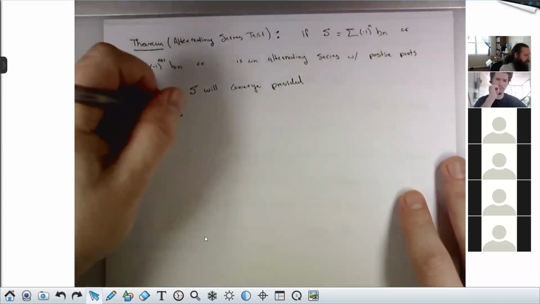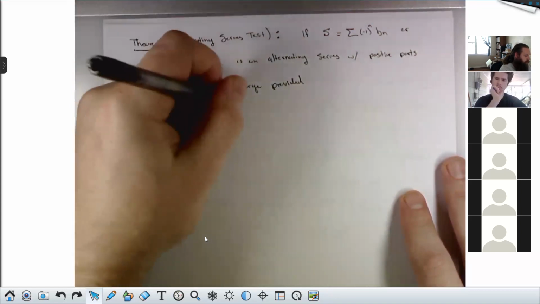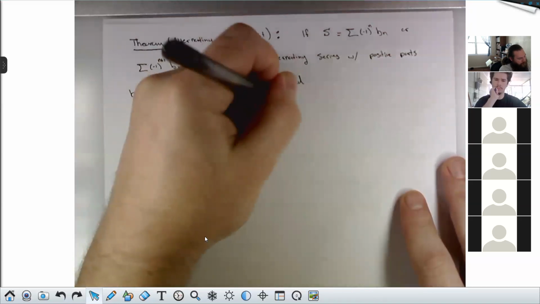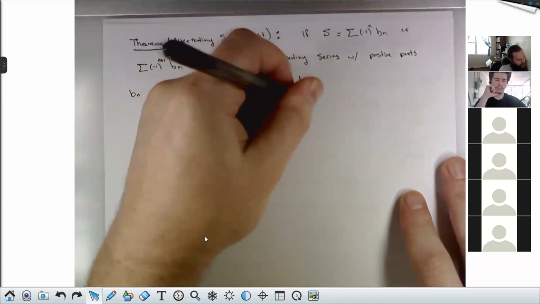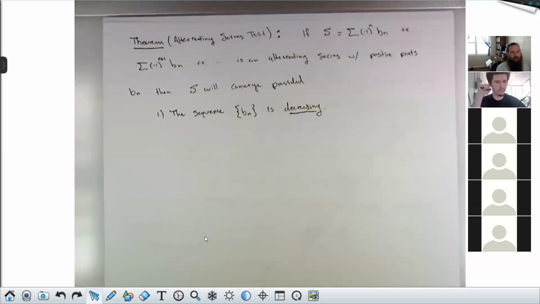First, the sequence Bn is decreasing. So this kind of sucks, right? This is kind of like the integral test. We know that showing something is decreasing can be a little bit tricky.